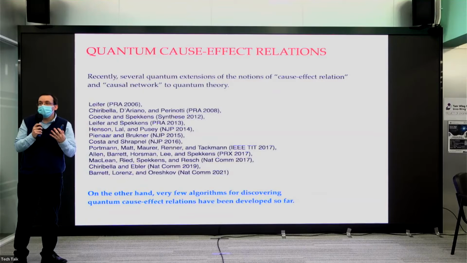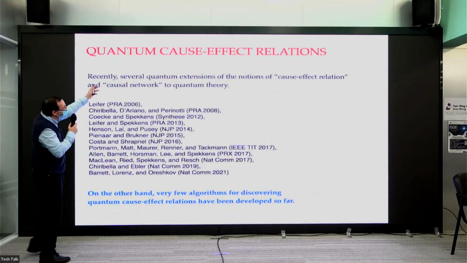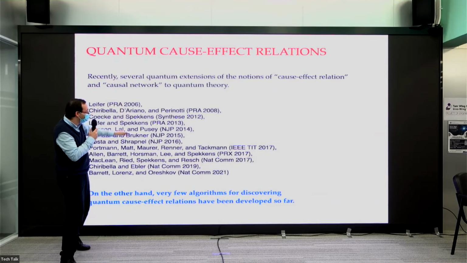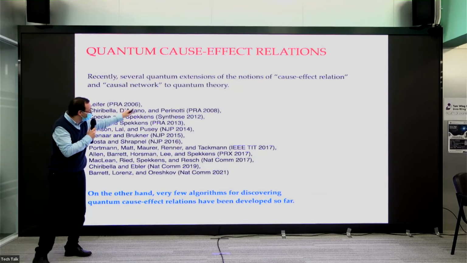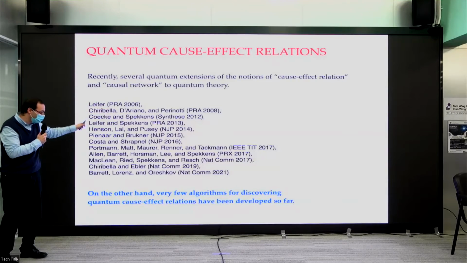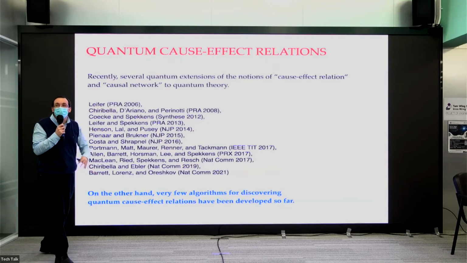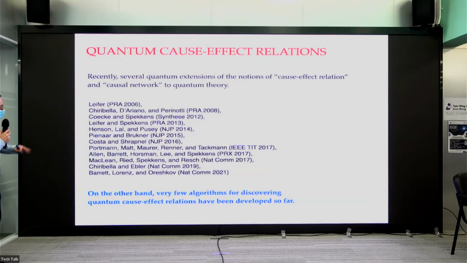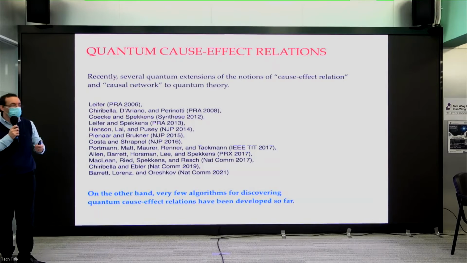Okay, so what about these quantum cause-effect relations? In the last few years, several groups have worked on these questions, maybe with different names and with different frameworks. Well, we have been some of the first who have been thinking about these ideas. So there are now frameworks to define what is a cause-effect relationship at the quantum level, and even if the language is different, they kind of agree with each other.